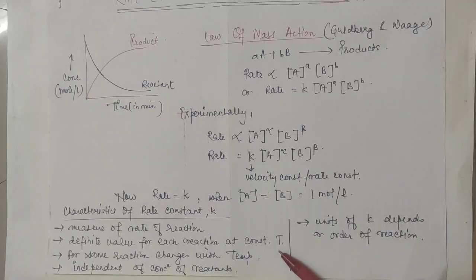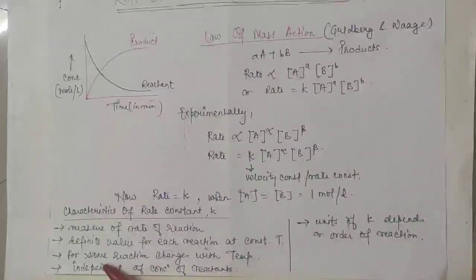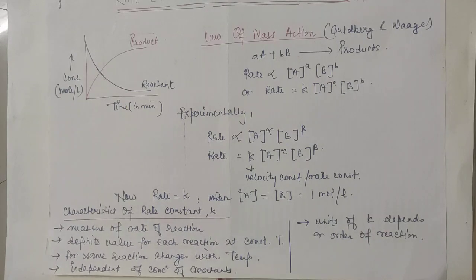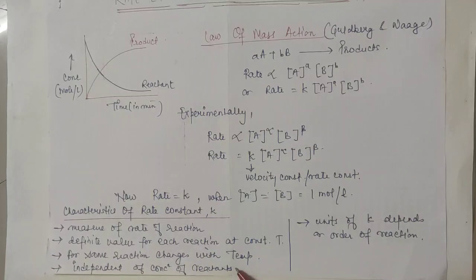That means if the temperature is not changing, each reaction has a particular value of K. For the same reaction, if we change the temperature, the value of K will change. It is independent of the concentration of reactants taking part in the reaction. It does not depend on the concentration, but the unit of K depends upon the order of reaction.